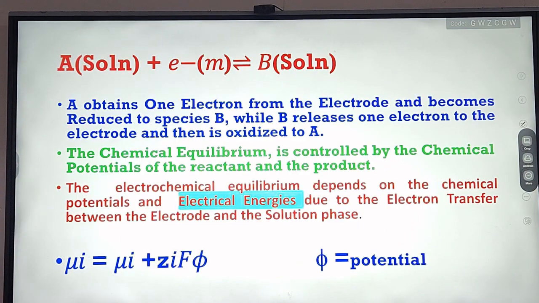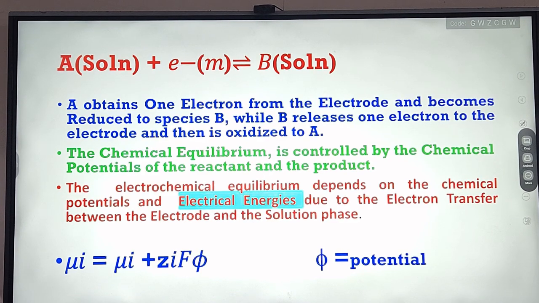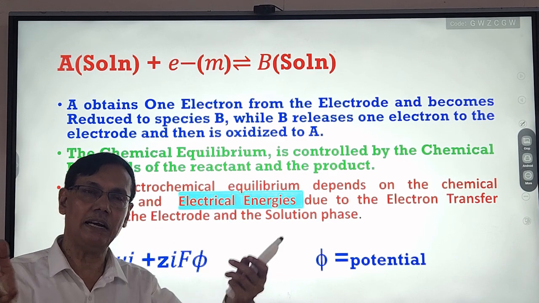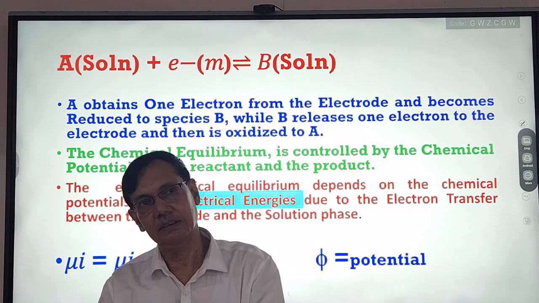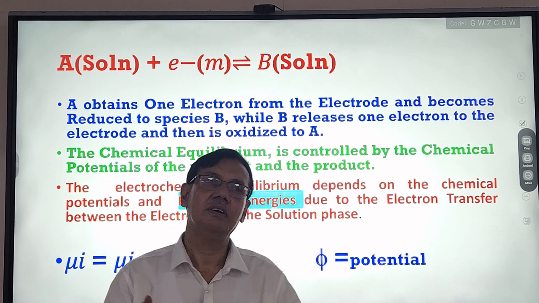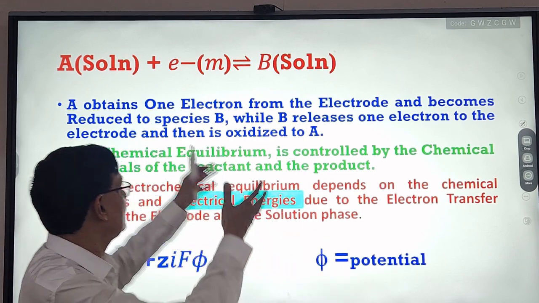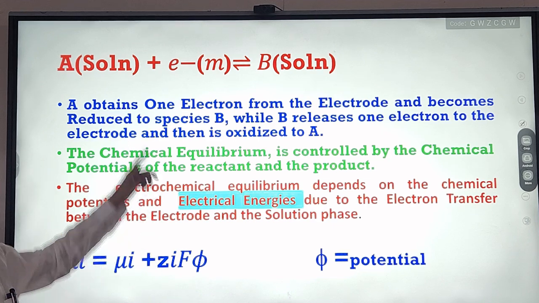See, why am I comparing it with a simple chemical reaction? A is converted into B, a simple chemical reaction, and you all know that at equilibrium the rate of the forward reaction is equal to the rate of the backward reaction. And what is the driving force? You say chemical potential. Think in the same way: I am now talking about an electrochemical reaction, the same type of reaction.